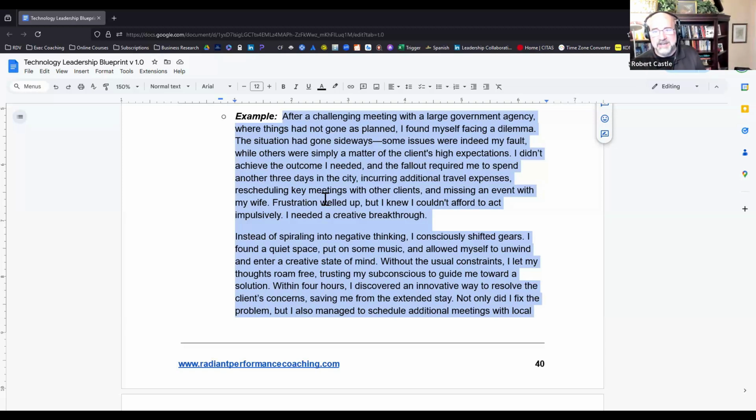Instead of spiraling into negative thinking, I consciously shifted gears and found a quiet space, put on some music, and allowed myself to unwind and enter a creative state of mind. Without the usual constraints, I let my thoughts roam free, trusting my subconscious to guide me towards a solution. Within 4 hours, I had discovered an innovative way to resolve the client's concerns, saving me from the extended stay.